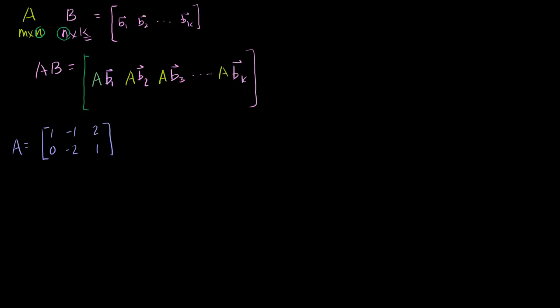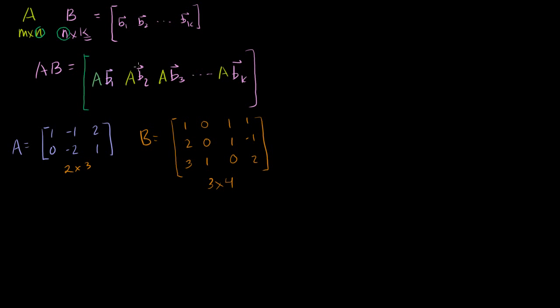And let's say that I have the matrix B, and it is equal to 1, 0, 1, 1, 2, 0, 1, minus 1, and then 3, 1, 0, 2. So A is a 2 by 3 matrix, 2 rows, 3 columns, and B is a 3 by 4 matrix.